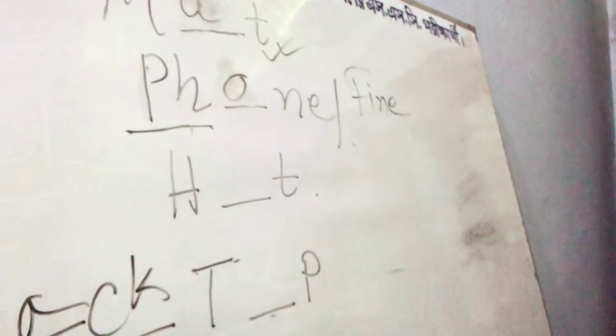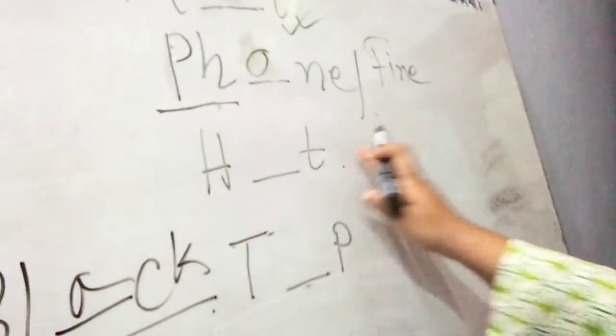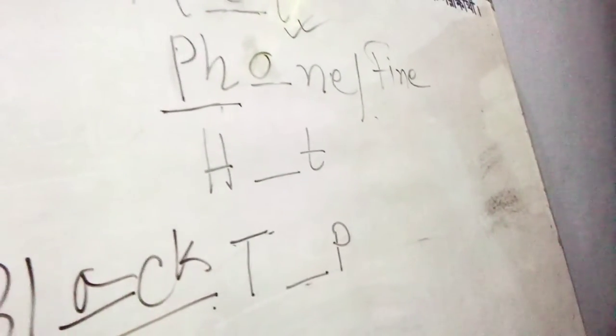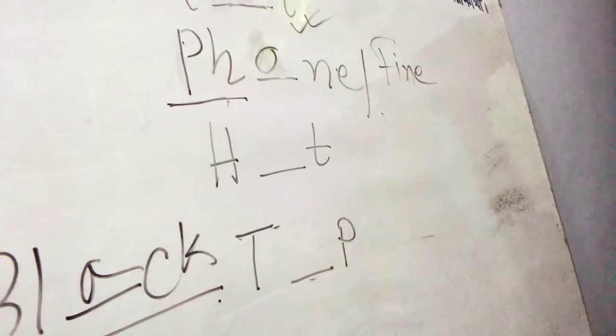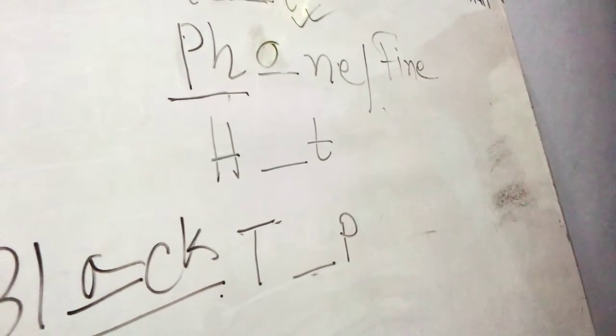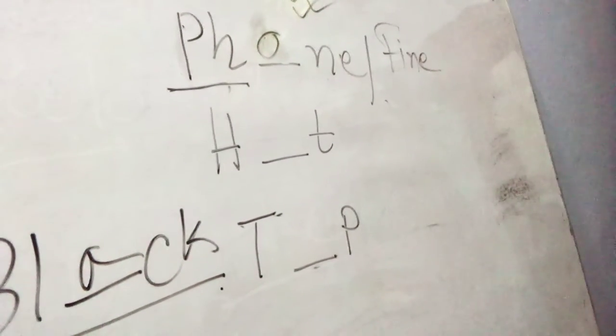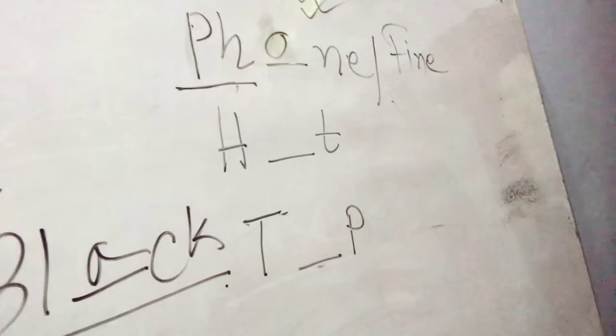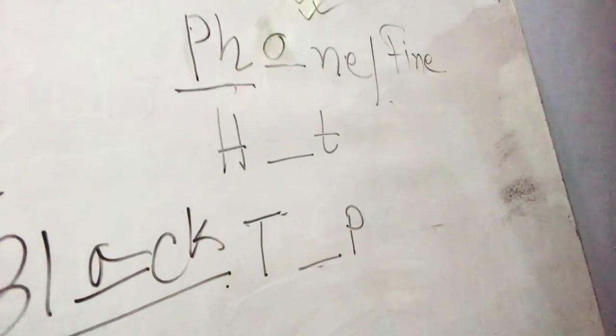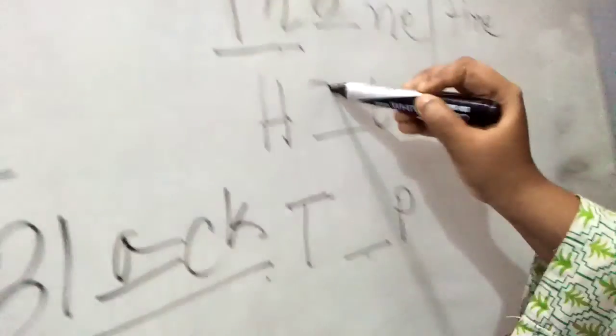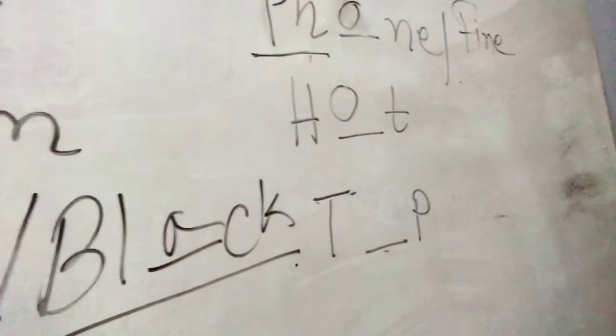So now coming to the next one, it is H dash T. See, it will also make different words with the help of different vowels. We can make so many new words with this H and T, just by putting a vowel in the middle of these two letters. Let us see what they are. If I put O, it becomes hot. Hot means very sunny.